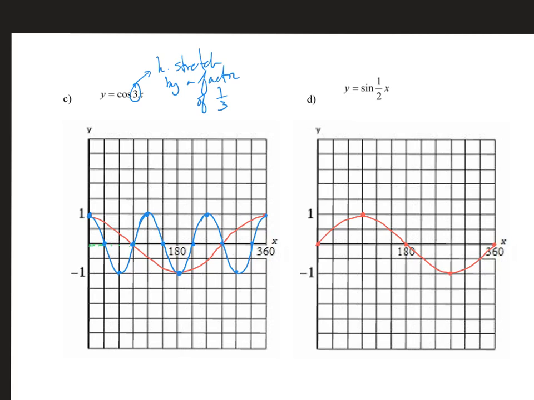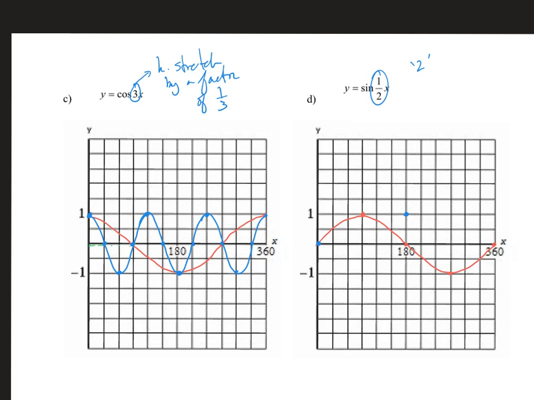Okay, now what does that 1/2 mean? We know that we're attached by multiply on the inside, so again, it's a horizontal stretch. But I need to remember that my factor is 2. That means all my points are going to be double the distance from the y-axis. So if I'm on the y-axis, I don't change. This maximum that used to occur at 90 will now occur at 180.